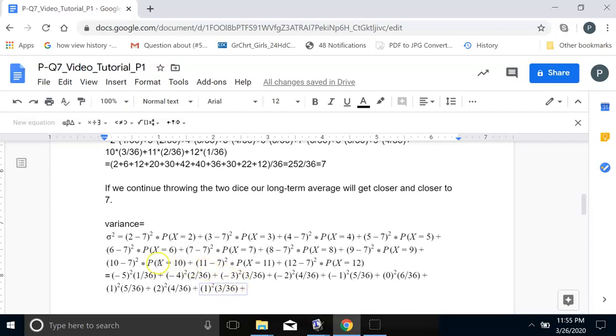Sorry, I messed up on this one, there should be a 3 here. Then we're on to this guy next, so that'd be 4 squared, going to be 2 over 36. And our last one will be 5 squared, 1 over 36.